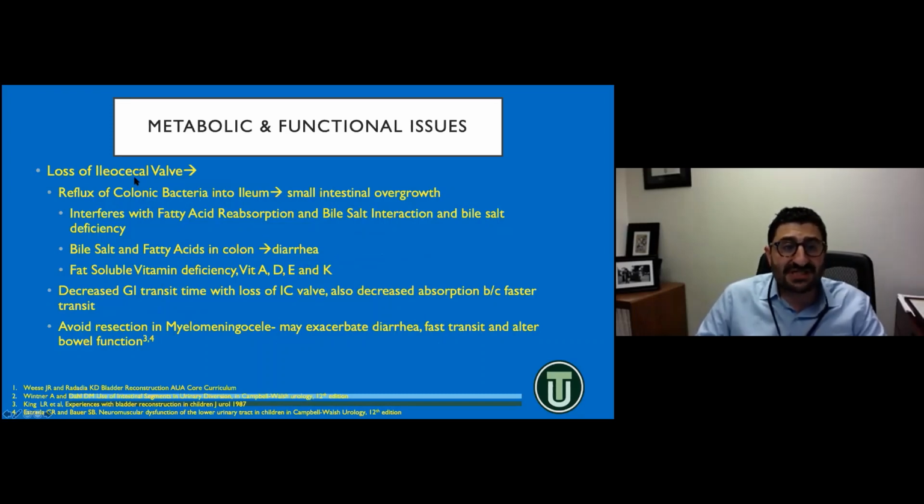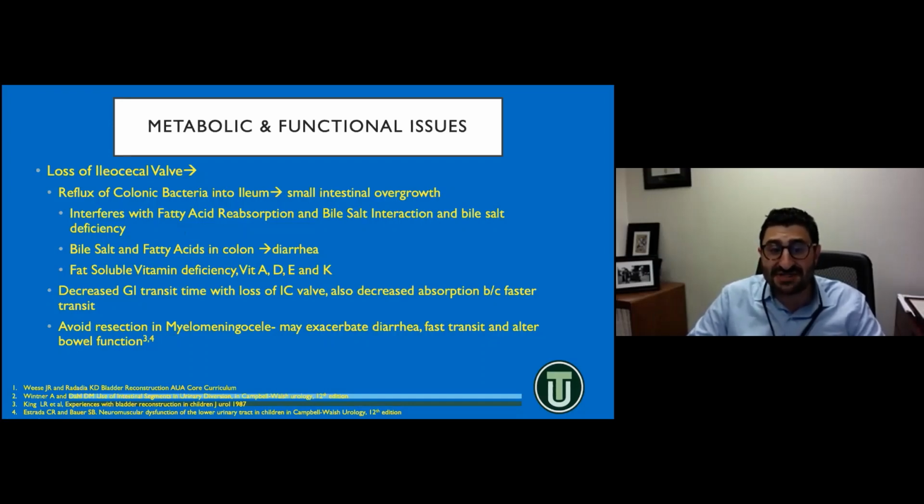Also, with the loss of the ileocecal valve, there may be reflux of colonic bacteria into the ileum and small intestinal overgrowth. May have deficiencies in fat-soluble vitamins, vitamin A, D, E, and K. Also, loss of the ileocecal valve changes the transit time. The ileocecal valve acts as a pause in the GI tract. It allows for absorption of nutrients.